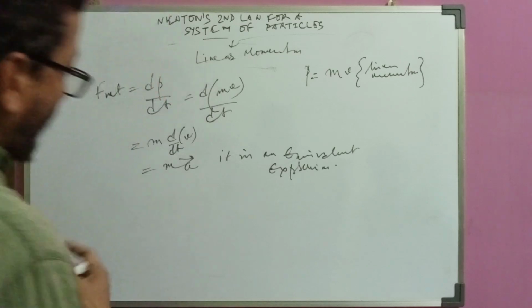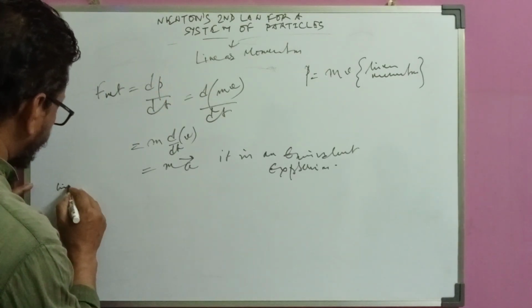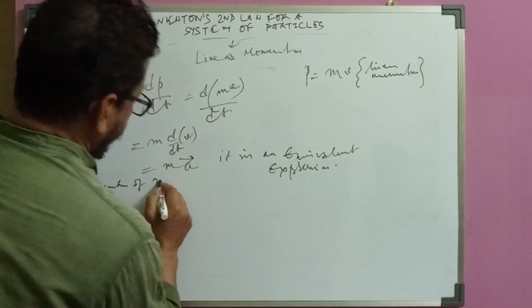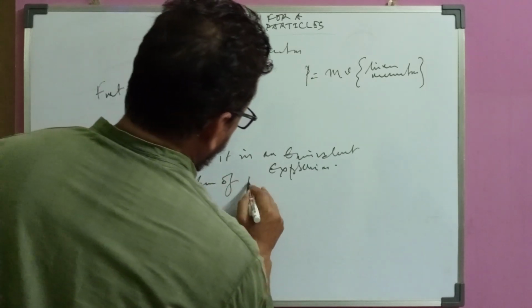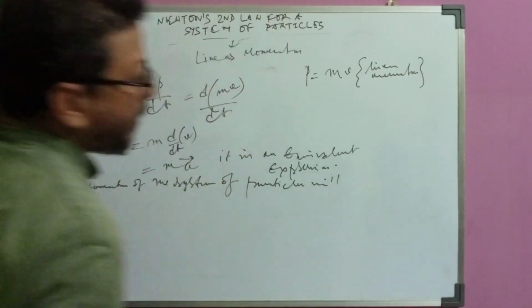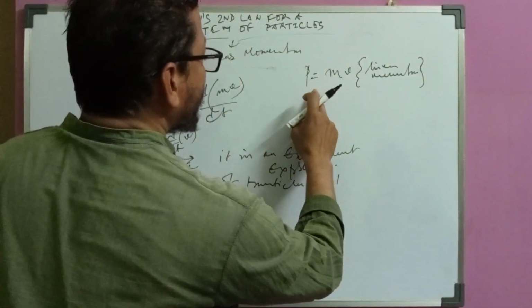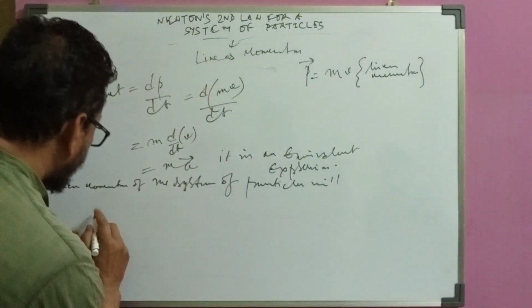Linear momentum of a system will be the linear momentum of the system of particles. So what will the linear momentum of the system of particles be? From this P we'll get this P.